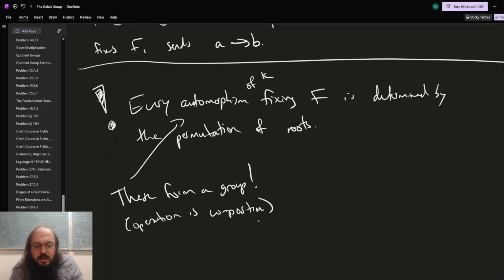And so what this means is that just like we could use group theory to study geometrical patterns or shapes, we can use group theory to study equations. We have found a way to associate to a polynomial, or at least to its splitting field, a group.